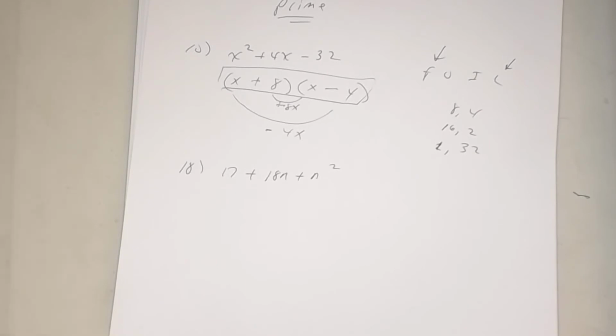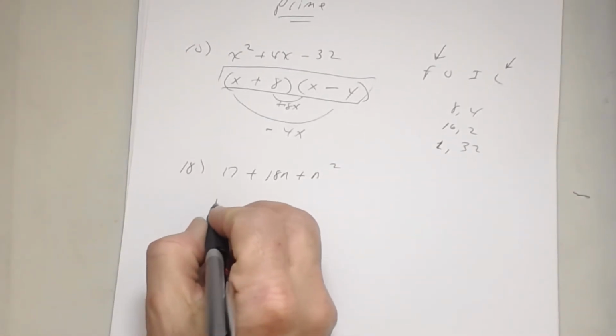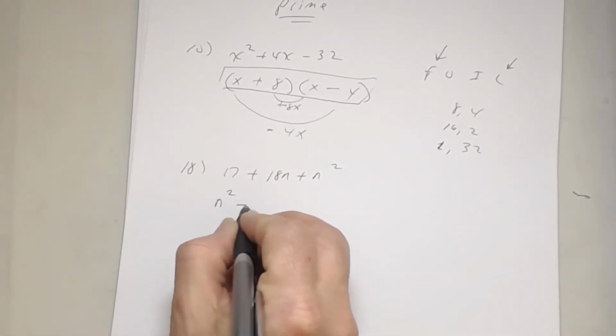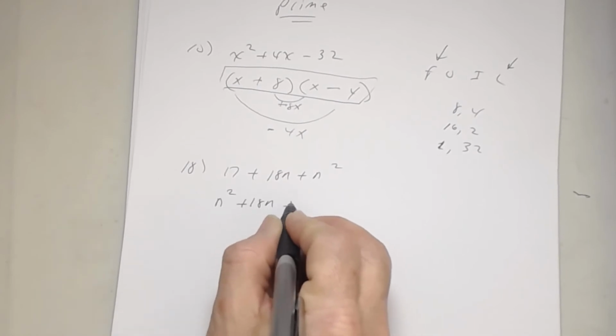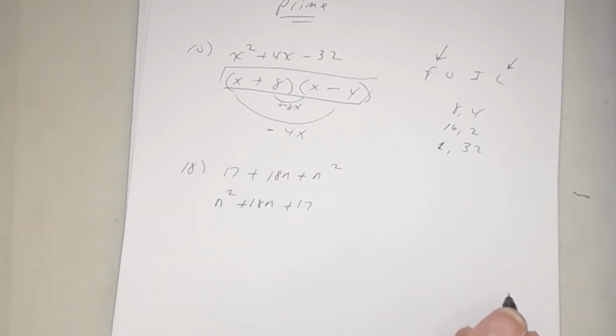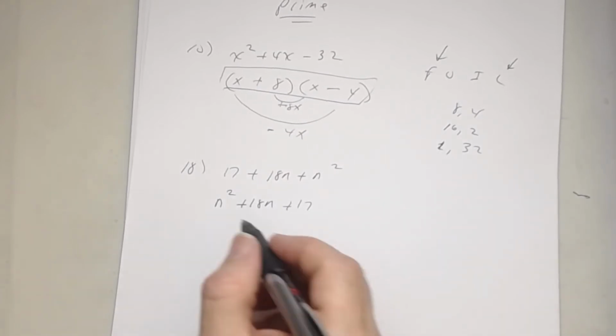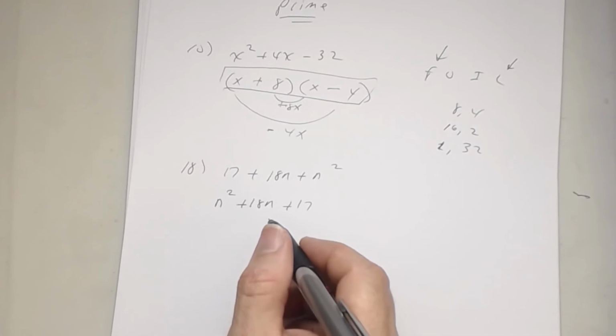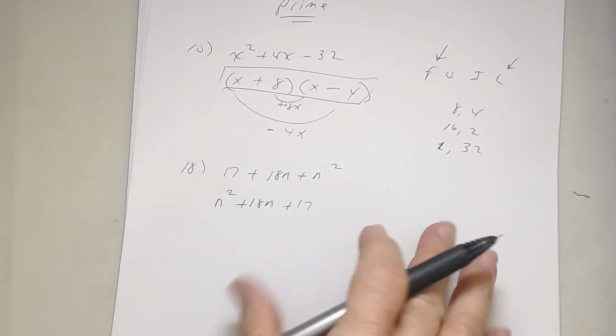Here it's written in ascending order. So you may want to, you don't have to, but you may want to rewrite this in descending order, going from large exponent to small. So I'm going to rewrite this as n squared plus 18n plus 17. It's easier on the mind if you have it written in descending order.